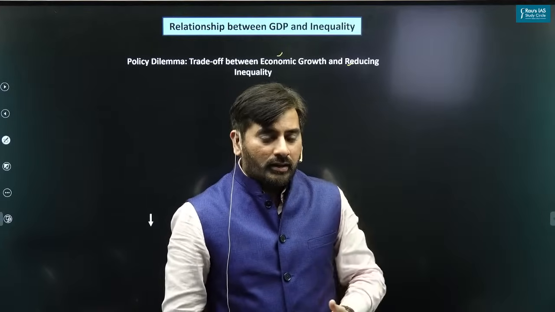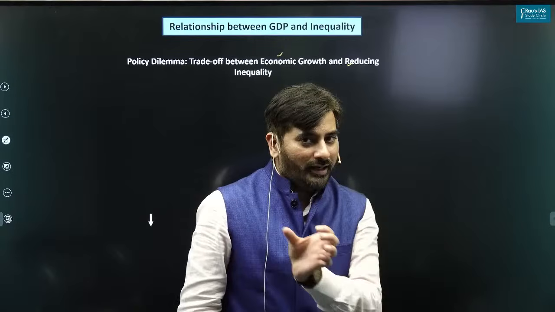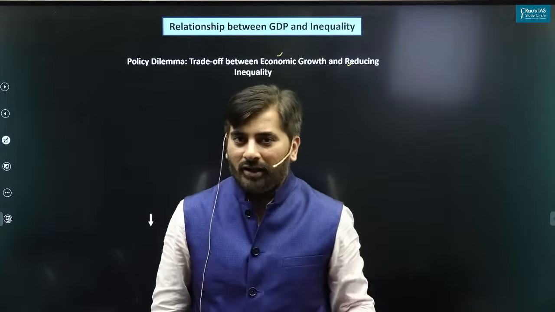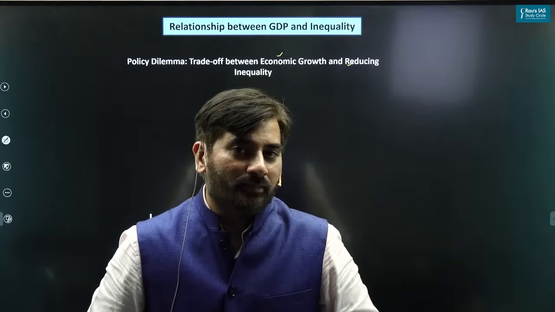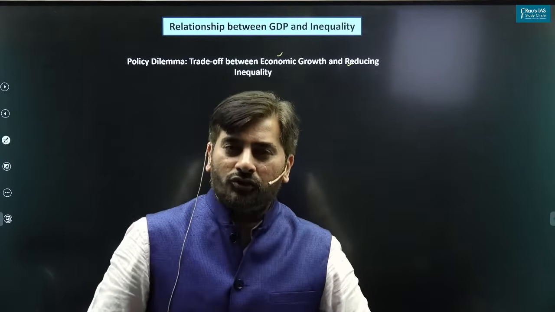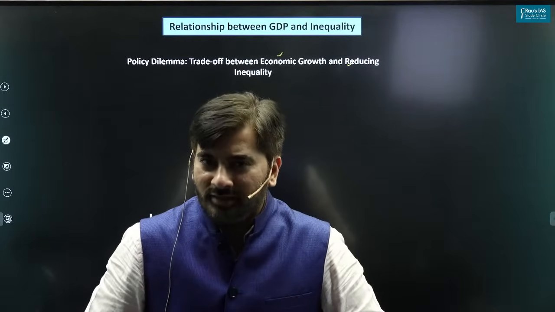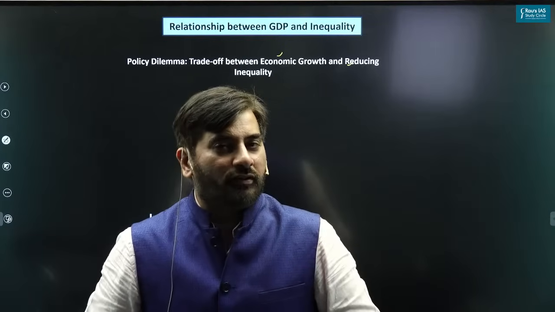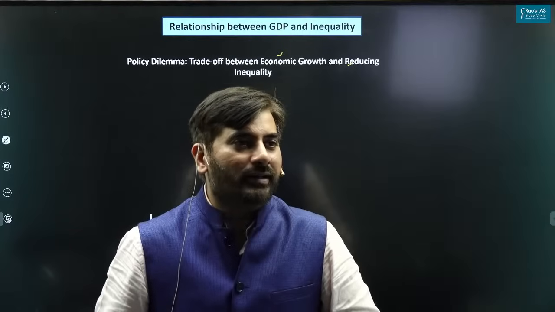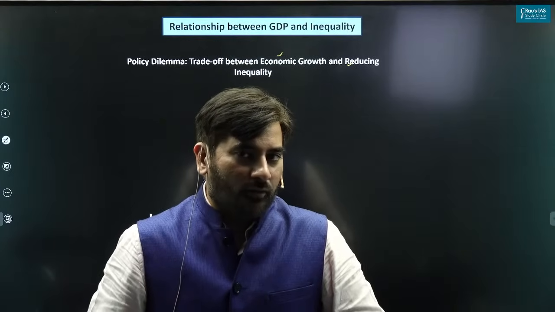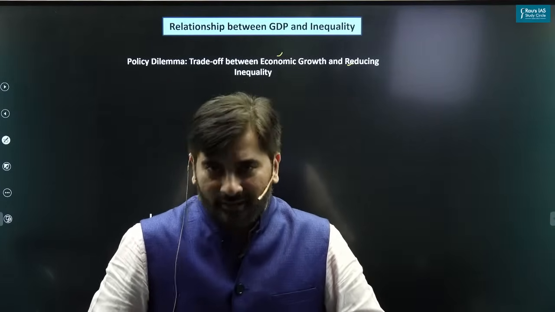So either a country can focus on increasing its GDP growth, or it can focus on reducing income inequality. Both of these 2 things cannot go hand in hand. Based upon this, what should be India's approach? Should India focus on increasing its GDP size, or should it focus on reducing income inequality? This is what this particular chapter is discussing. Why are these 2 variables in conflict with each other? Let's try to understand that first.